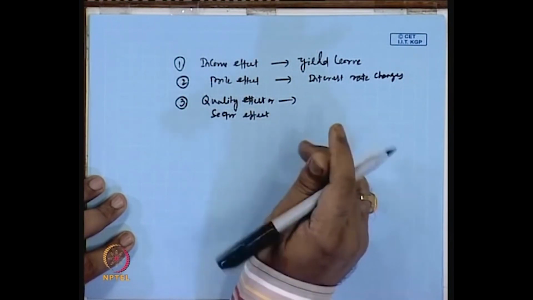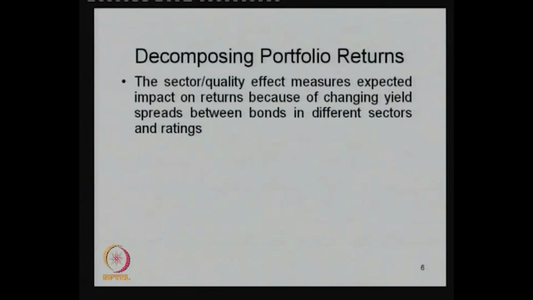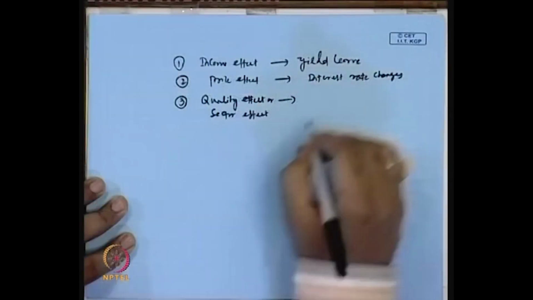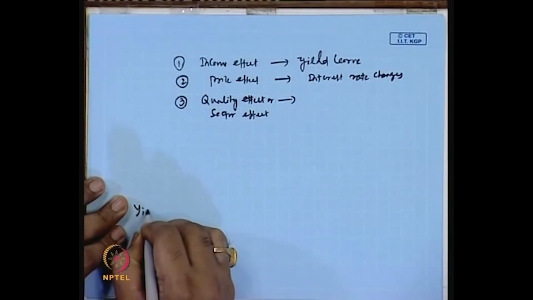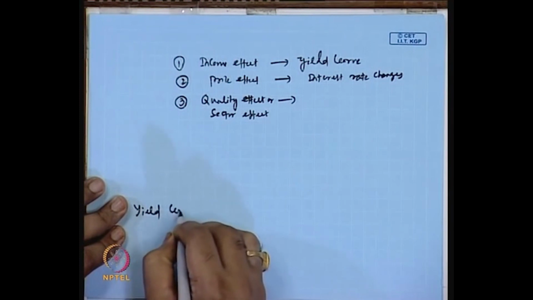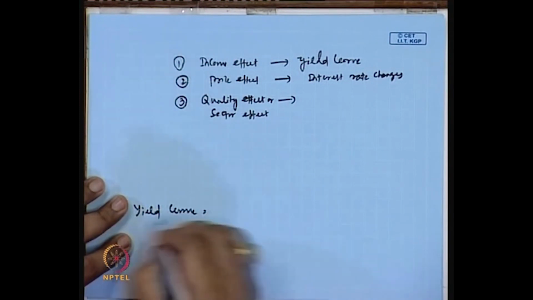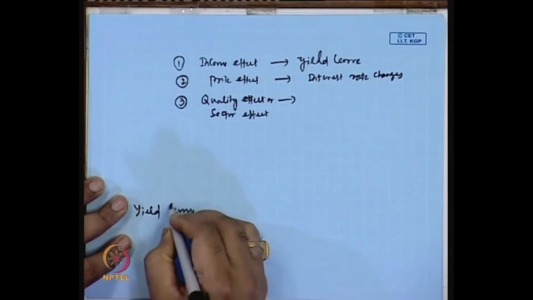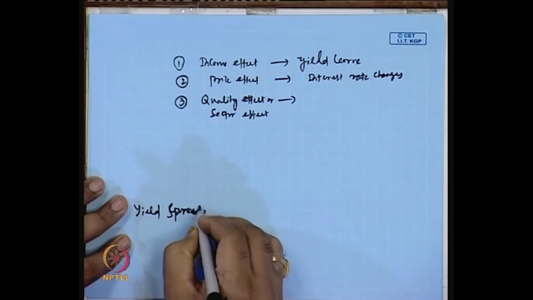What it means is that it measures the expected impact on returns because of changing yield spreads between bonds in different sectors and ratings. You already know what you mean by the yield curve. What is yield spread?